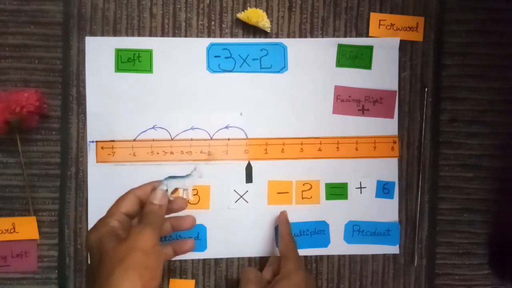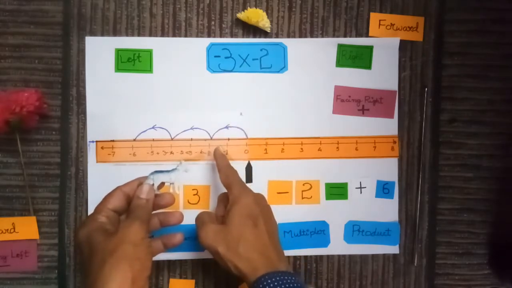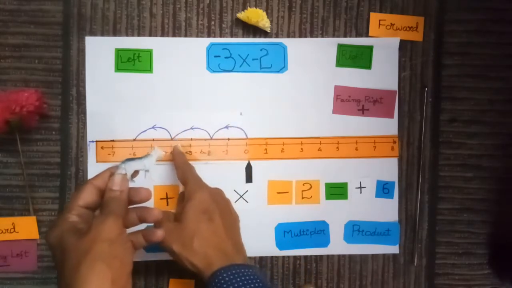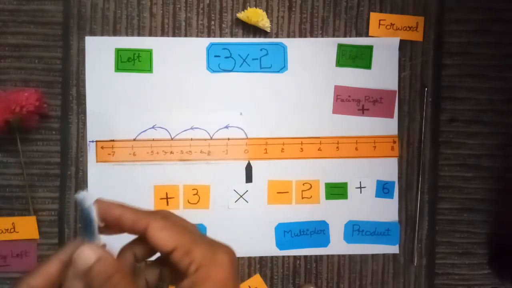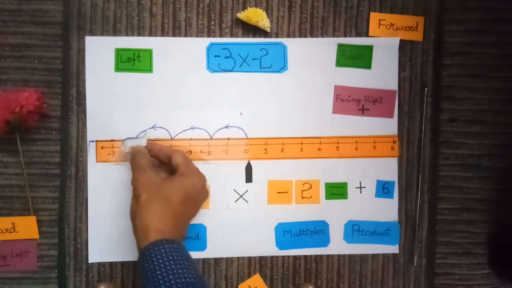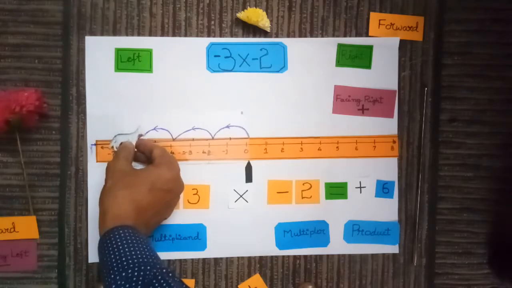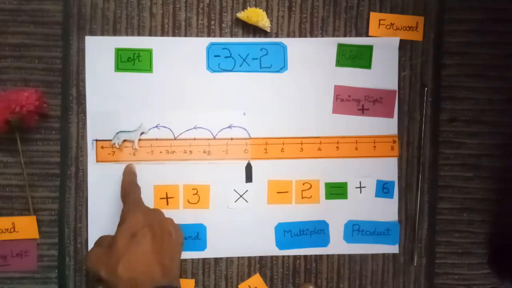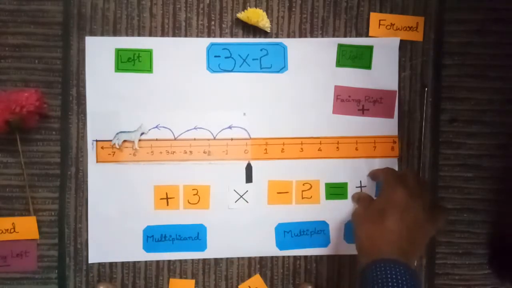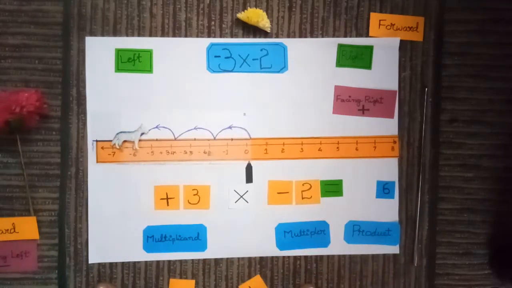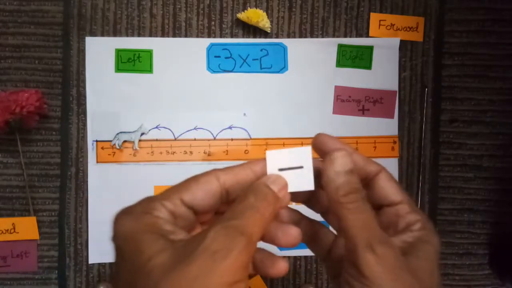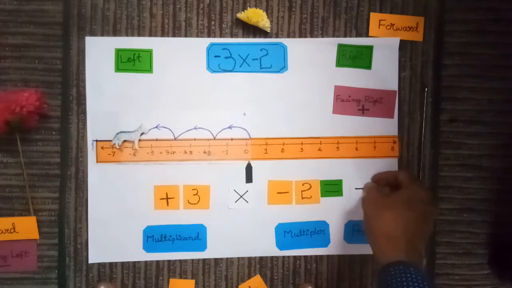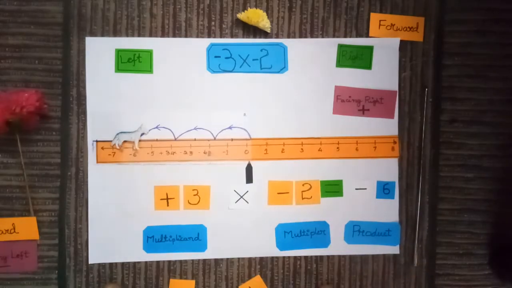So this is the backward direction because of negative. So this is the first jump, second jump and the third jump. So the dog will be facing right, but it will be in this position. So it is actually at minus 6. Therefore, plus 3 into minus 2 means it has to be negative. So this is negative. Okay.